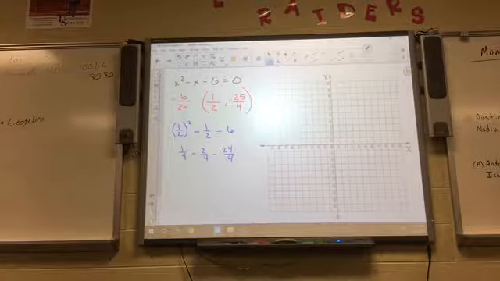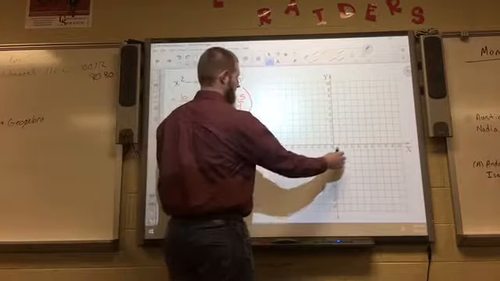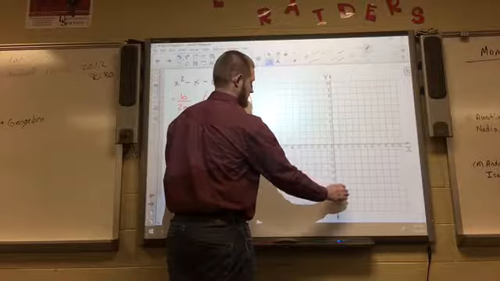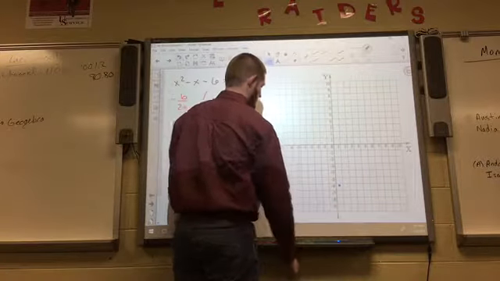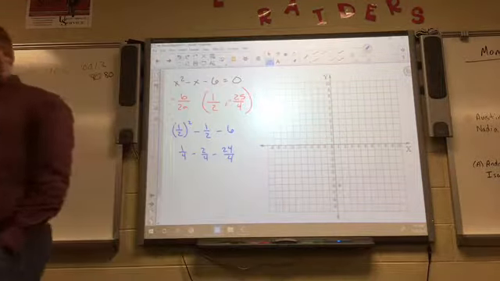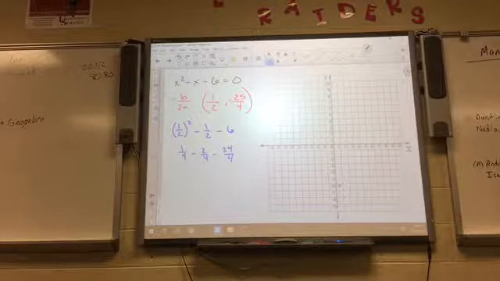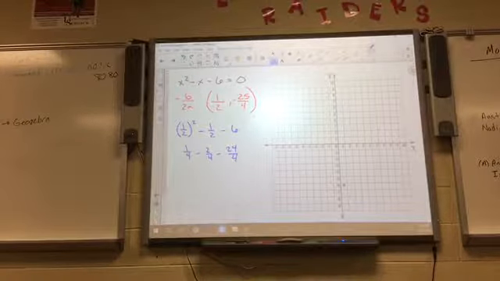Okay. So now I should be able to graph my vertex. So I go to positive 1/2 and I go down 6 1/4. Now, this is a scenario where we don't really care what the graph looks like. We just want to figure out where it crosses the x-axis, because we're just trying to solve for x.